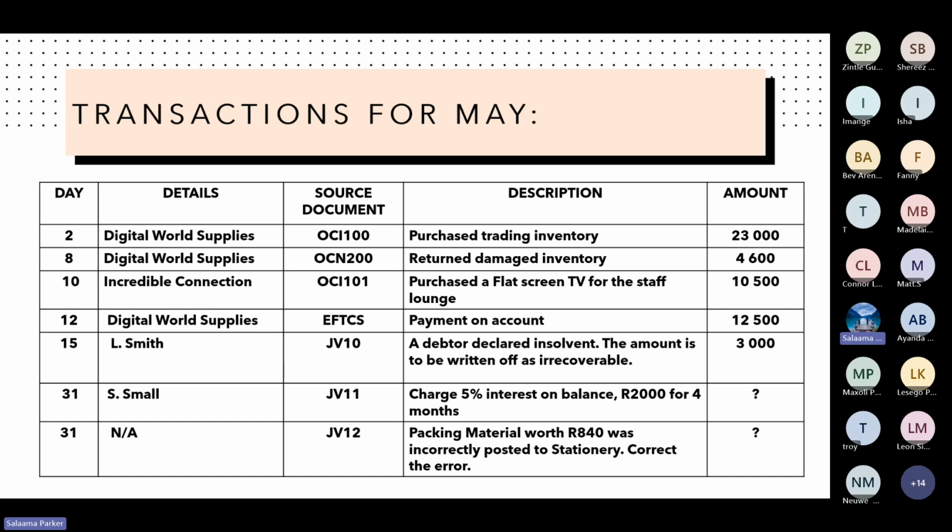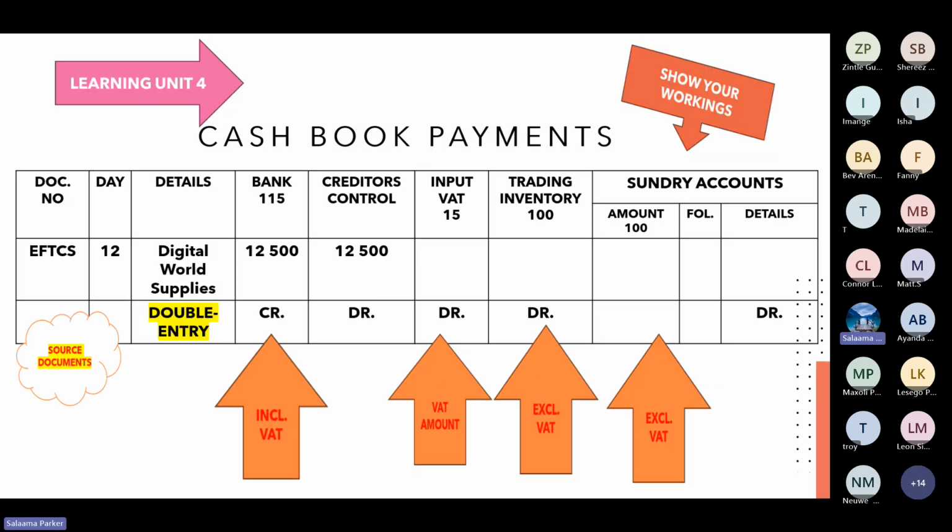So where do I record my EFT? In my cash book payments. And please note there is no VAT here. Okay. It only goes into the bank column and the creditors control column. It's only a payment on account. No VAT to be recorded here.